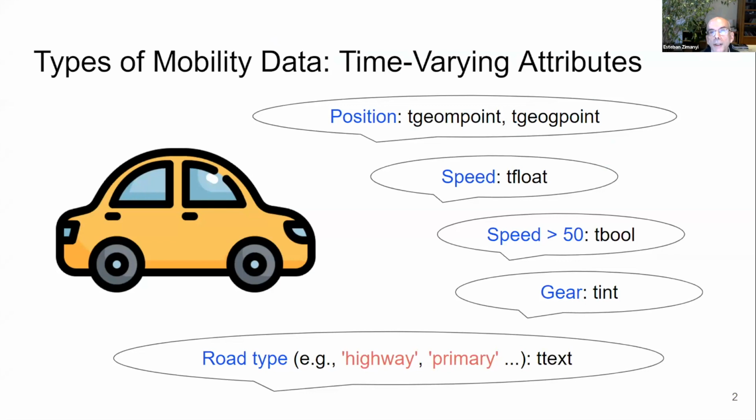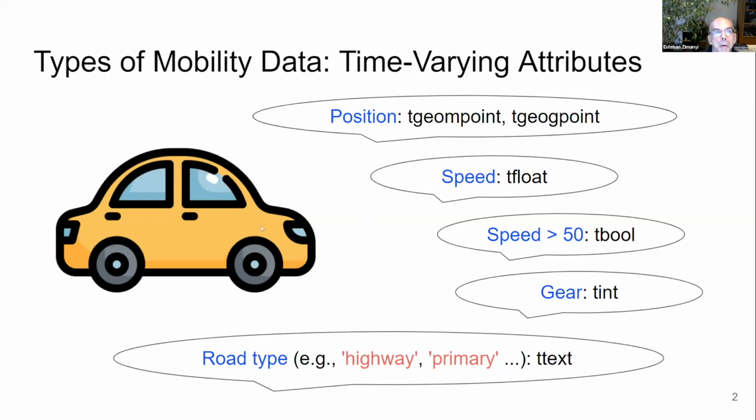Then we have the speed, which is, of course, a float that evolves in time, for which we have a temporal float. Then we could also want to determine whether this car is going above the speed limit of the road. This is a temporal Boolean, which can be sometimes yes, sometimes no. And the gear is a temporal integer, 1, 2, 3, 4, 5, which at each point in time determines which gear the car is in.